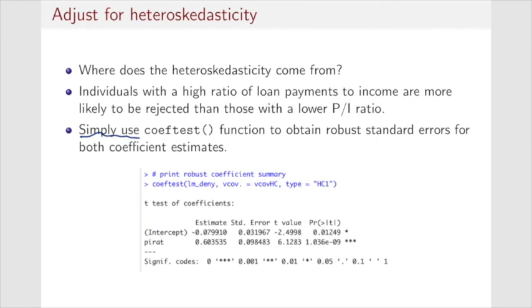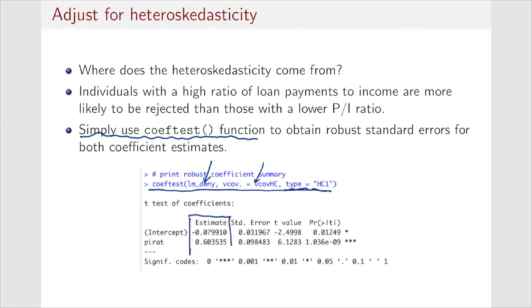We can simply use the coeftest function in R to obtain the robust standard errors for both coefficient estimators. Here is the command. The first argument is the name of the OLS regression. The second argument is the variance-covariance matrix with heteroscedasticity adjustment, and this type is the method for the adjustment.